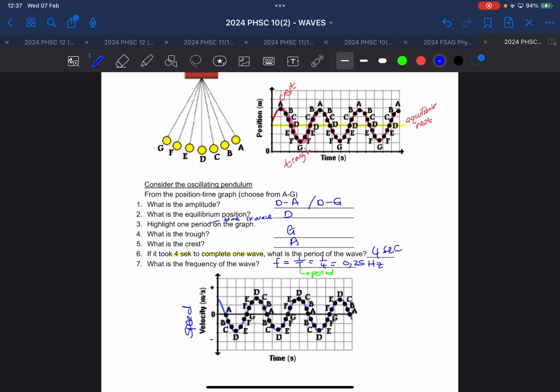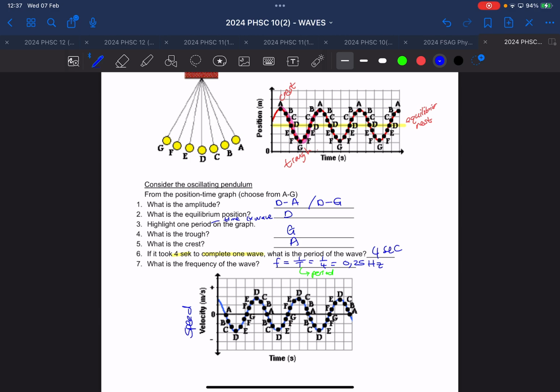Okay? So if we think here, where does it move the slowest? When it's at its highest point, right? Then there's a split second where it's stationary before it goes down again. So where does it move the fastest is here.